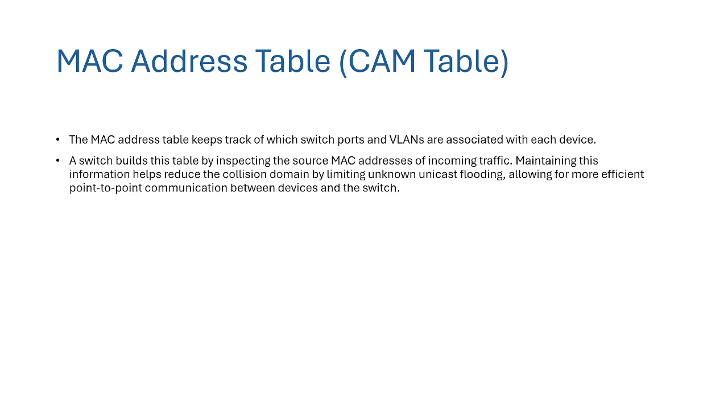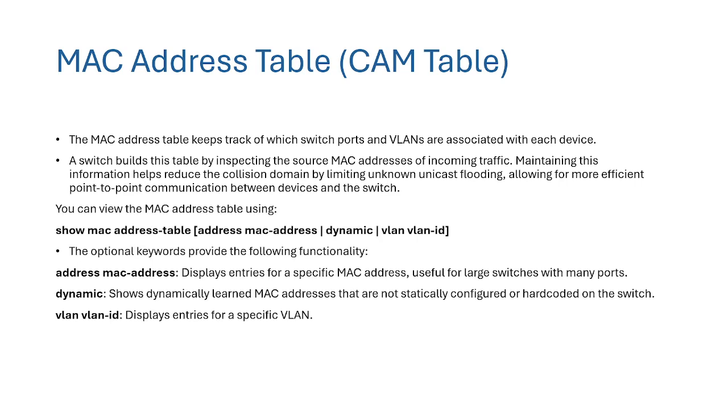Maintaining this information helps reduce the collision domain by limiting unknown unicast flooding, allowing more efficient point-to-point communication between the devices as well as the switches. So this is a mechanism that a switch uses. This mechanism is not there in the hub. That's where it differs. You can view the MAC address table using show mac address-table, with the option dynamic, which means learned by the switch, or static, where you can manually configure the MAC address.